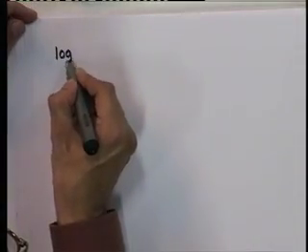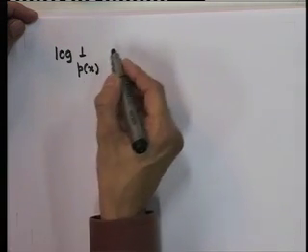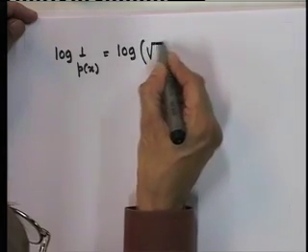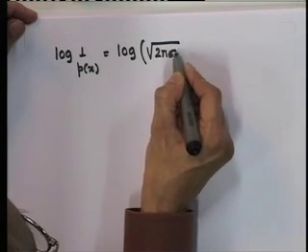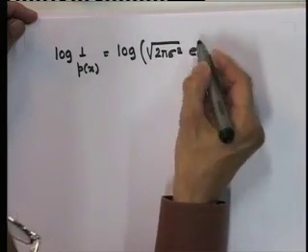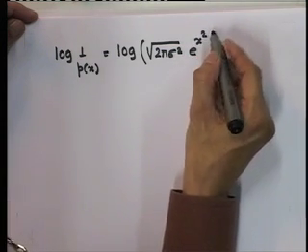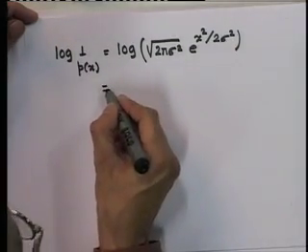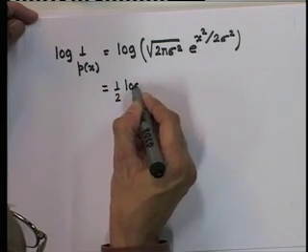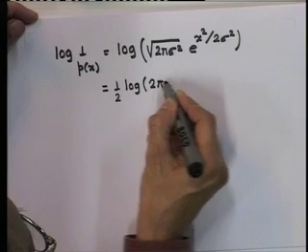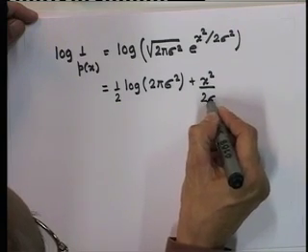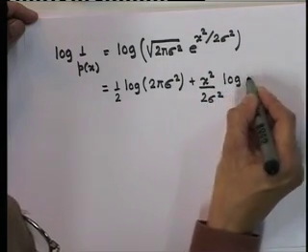Now, note that log of 1 by P(x) is equal to log of the quantity in the bracket, that is root of 2 pi sigma squared multiplied by exponential of x squared divided by 2 sigma squared, which further simplifies as half log 2 pi sigma squared plus x squared by 2 sigma squared log e.